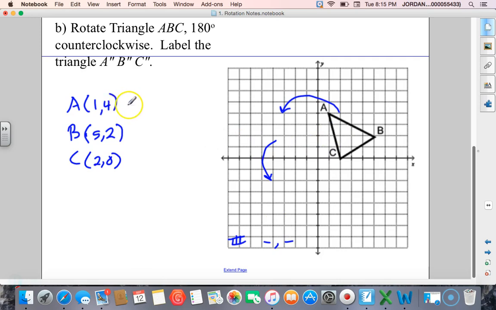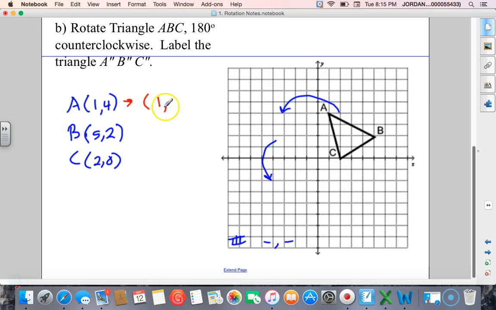So we know that when we switch these before to get into this quadrant, right, we switched the X and Y. Okay, but now since we're going to be going another 90 degrees, we would be switching the X's and Y's again, right? So if we swap them and then swap them again, they're just going to be back to where they were the first time.